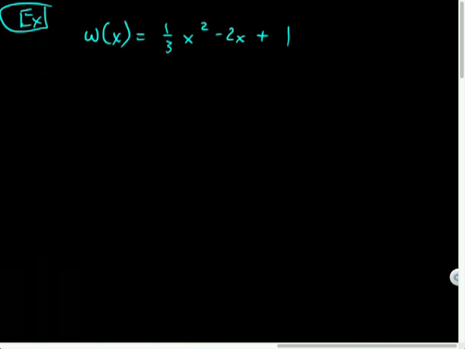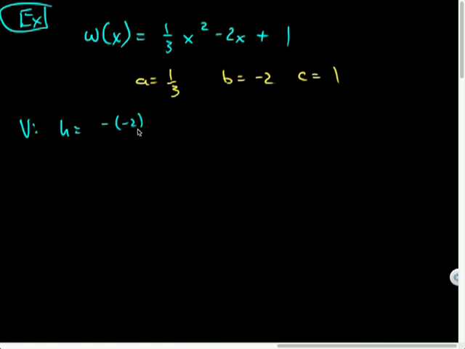So looking at my function w, what is a, b, and c? a is 1/3, b is negative 2, and c is 1, right? So I'm actually going to have us find the vertex on this one and do all the hard work, so the practice you were hoping for is going to happen. Here we go. The x coordinate of the vertex, I can do negative b over 2a, right?